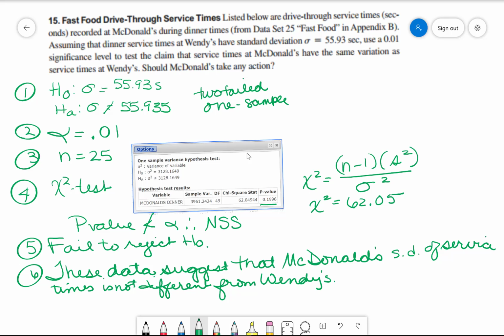And should McDonald's take any action? Okay, that's not going to be part of our 6-step test, but to summarize that, I think we would say it doesn't look like McDonald's needs to take any action.